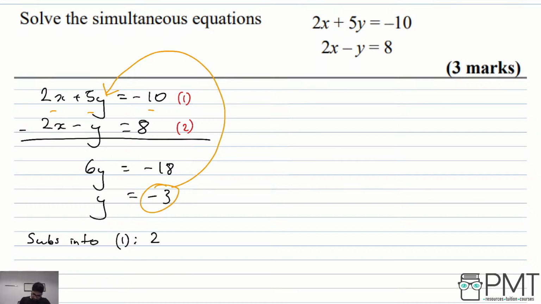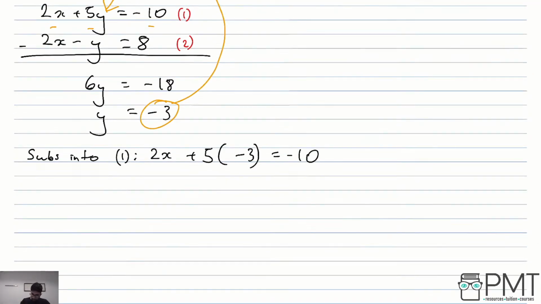So we have got 2x plus 5, and then minus 3, wherever you see y, you put minus 3, equals minus 10. Multiply it out so that it's simpler. 2x plus 5 times minus 3. 5 times minus 3 is minus 15. This is equal to minus 10.